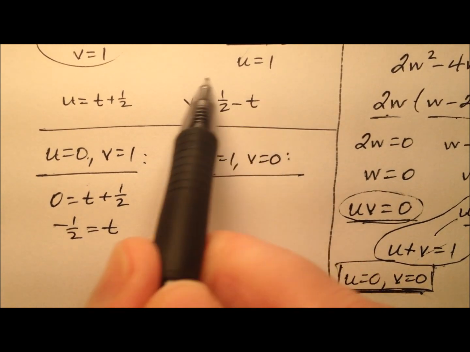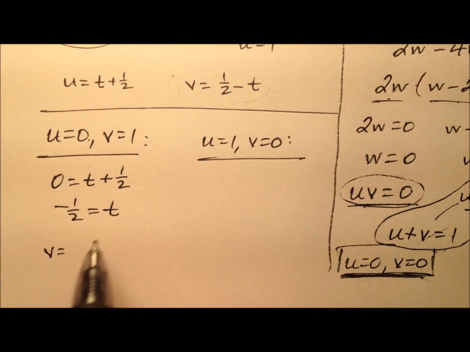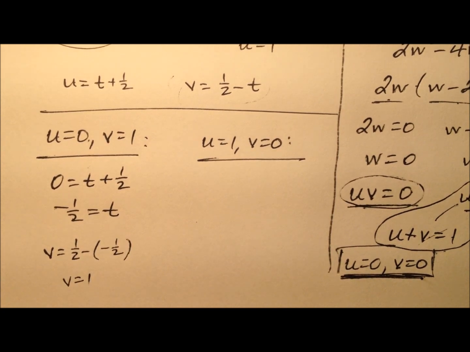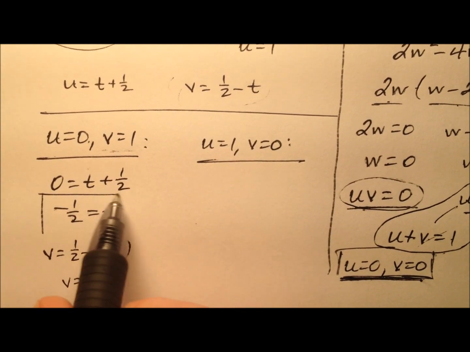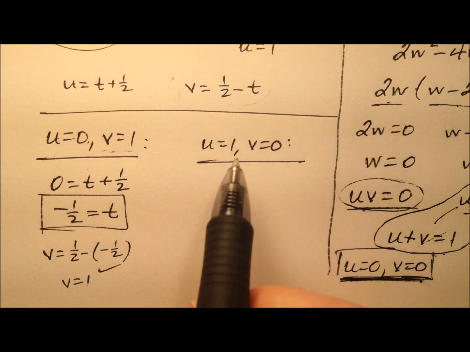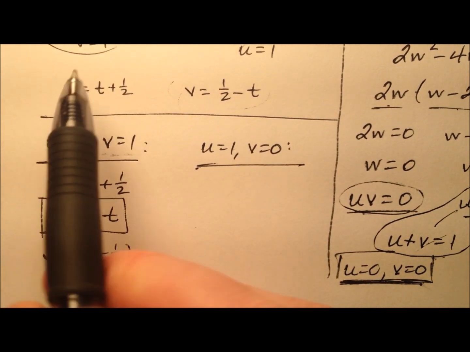Well, I wonder if it holds for this other guy. So if T is negative 1/2, then V will be 1/2 minus a negative 1/2. So V is 1. Okay, and that's what we set up here. So this checks out. So we have one value for T. It's negative 1/2. Okay, how about this second situation then? So if U is 1, let's plug a 1 right here.